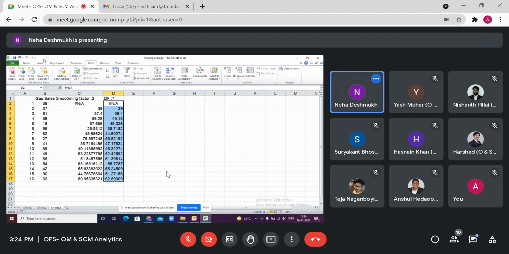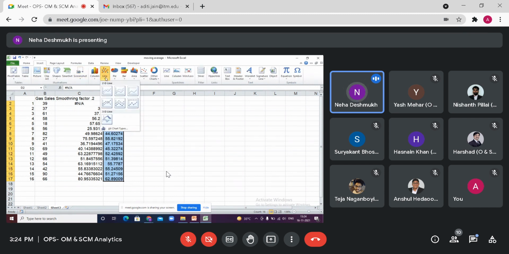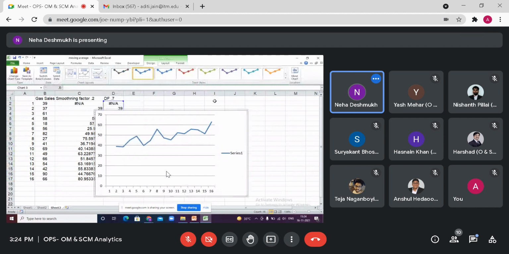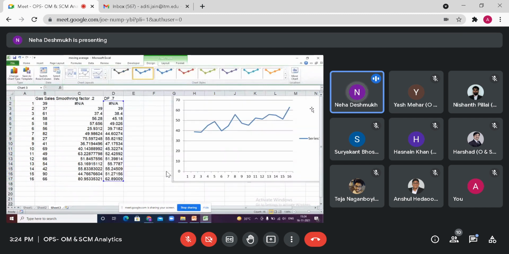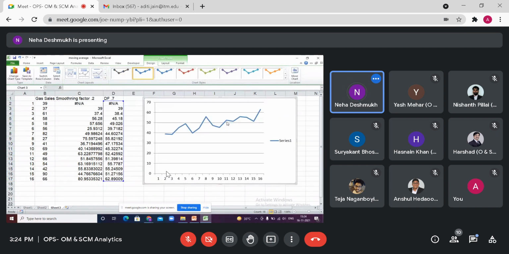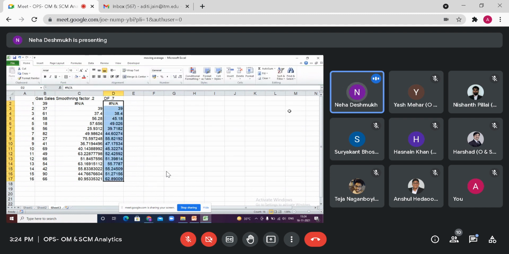You can simply insert a graph from here also. This is the original data, right? Or you can select the chart from the chart output.